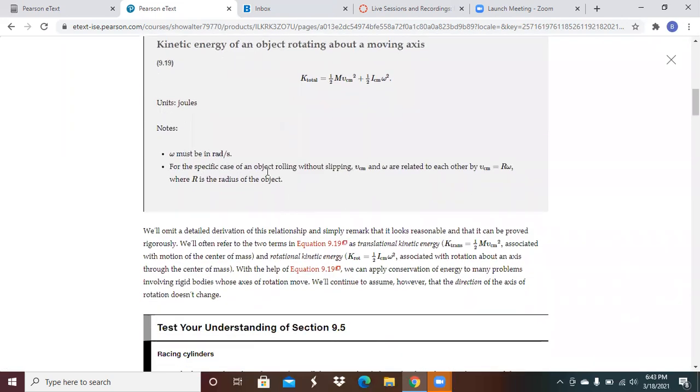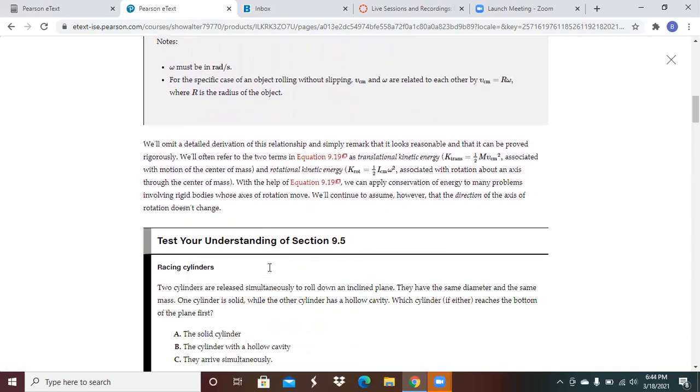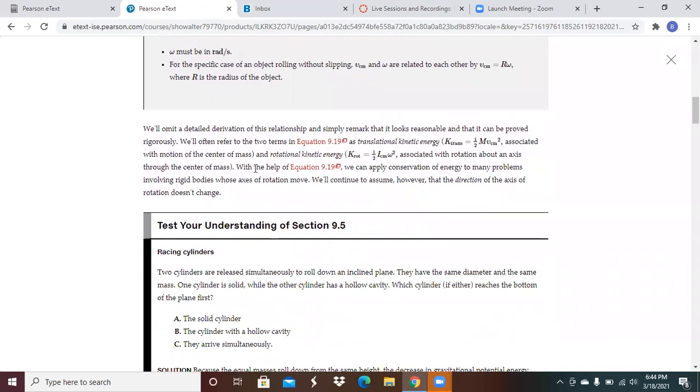So for the special case of an object rolling without slipping, V sub cm, the velocity of the center of mass, and omega are related to each other by this particular formula, where r is going to be the radius of the object. So we're not going to go through the derivation and just say that it looks reasonable and it can be proved rigorously.